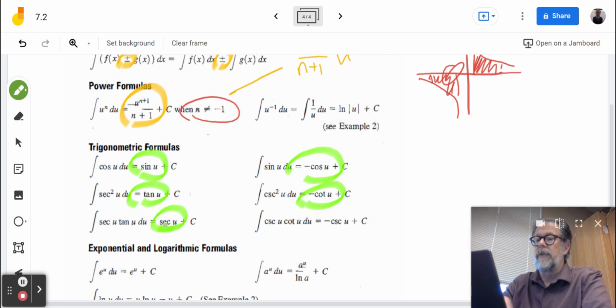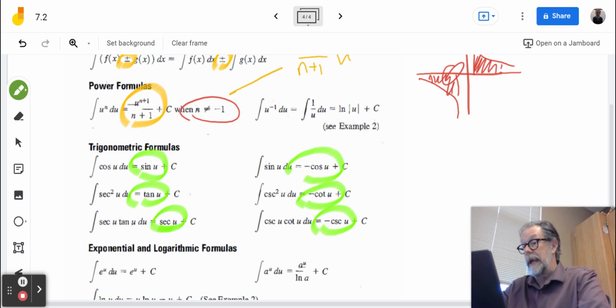Derivative of secant is secant tangent. Derivative of cosecant is negative cosecant cotangent, so again, we need a negative on there. Notice again, these are all just the opposites. If you know the derivative of a function, then you know the antiderivative of that derivative.